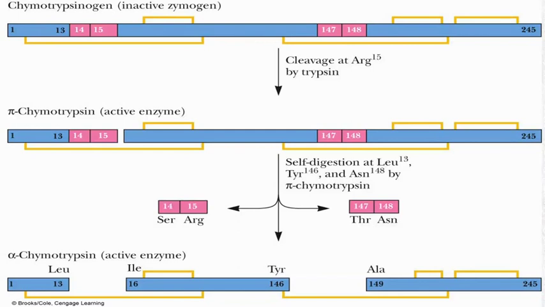Now, when you remove these, you have your alpha chymotrypsin, which is the active form. The pi chymotrypsin is also an active form of the enzyme, and it helps in self-digestion. When you remove all these four amino acids, you can then have your active alpha chymotrypsin.